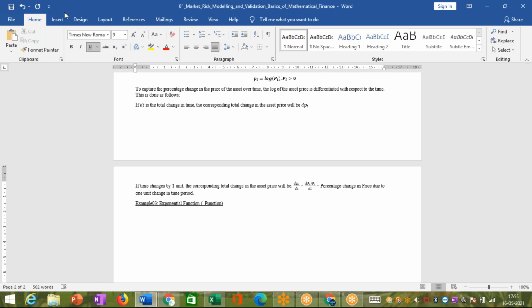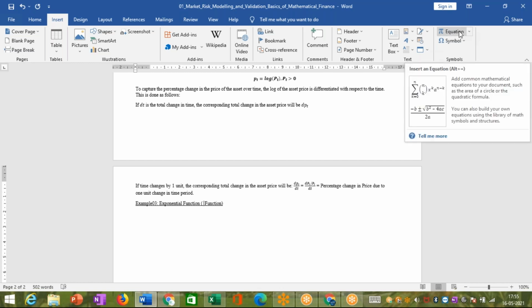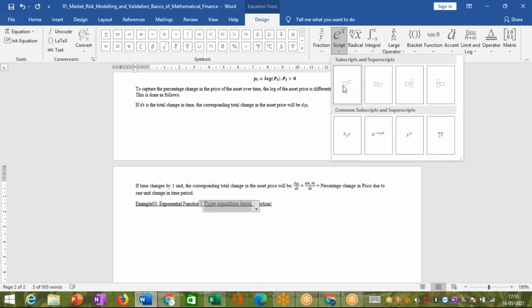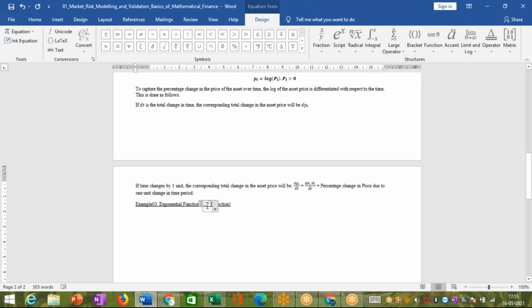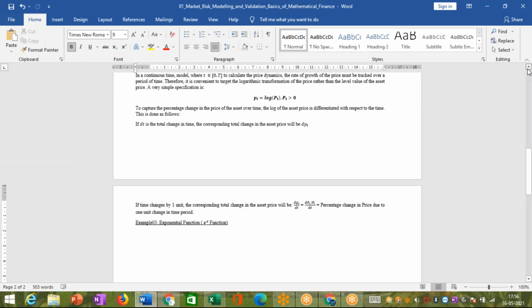So how does the exponential function work? It's e to the power of x. So example 3. Over here we have the exponential function, e to the power of x. Now this is a very interesting function.